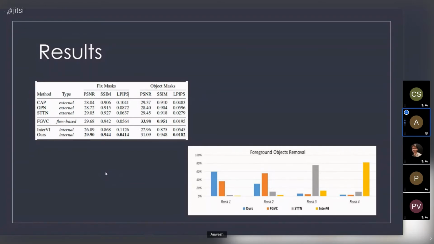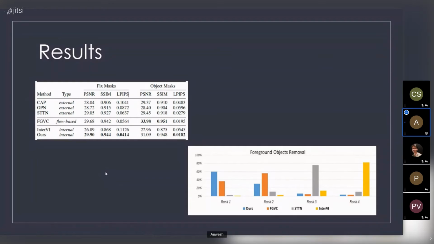PSNR stands for peak signal to noise ratio. It is the ratio between the maximum possible value of a signal and the power of the distorting noise. And then we have SSIM, which stands for Structural Similarity Index Measure. It is a method used for predicting the perceived quality of digital television and cinematic pictures. And LPIPS stands for Learned Perceptual Image Patch Similarity.